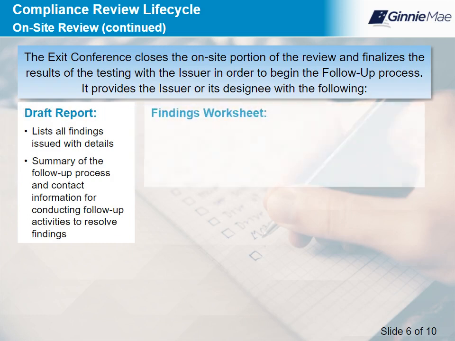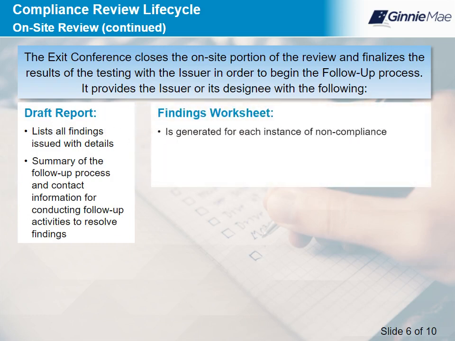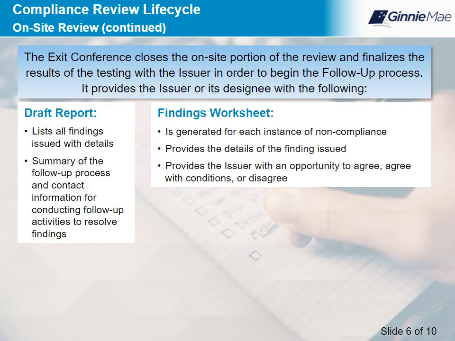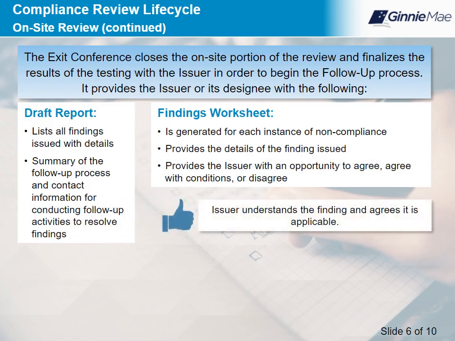The findings worksheet is signed by the issuer or its designee and is generated for each instance of non-compliance noted during the review. It provides the details of the finding issued and provides the issuer with an opportunity to agree, agree with conditions, or disagree. If the issuer agrees, the issuer understands the finding and agrees that it is applicable in this instance.